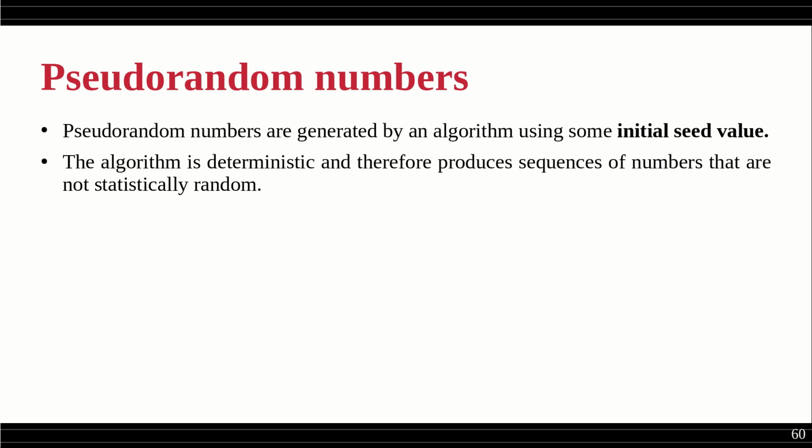So random number generator means such a prediction is not possible. So that is our ultimate idea. But this is actually deterministic in nature, means by using an algorithm only you are generating with an initial seed value. So if somebody knows the algorithm and the initial seed value, he can guess what is next. Okay.